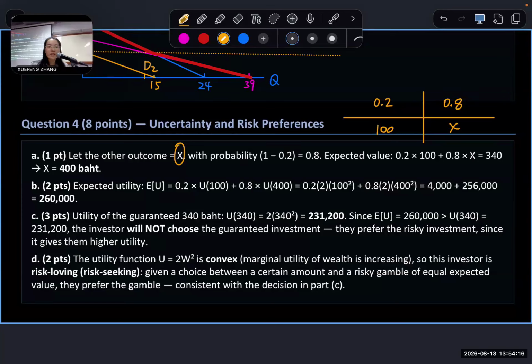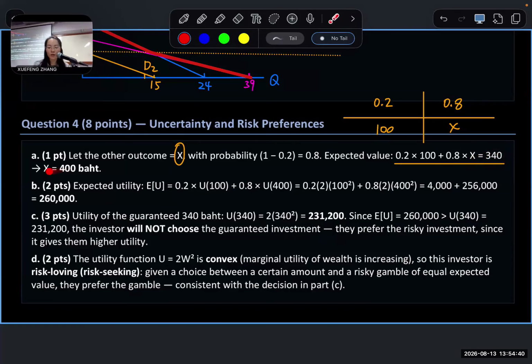But the question said this investment yields 2 possible outcomes with an expected value of 340 baht, which means 0.2 times 100 plus 0.8 times X equals 340, right? This is the expected value.